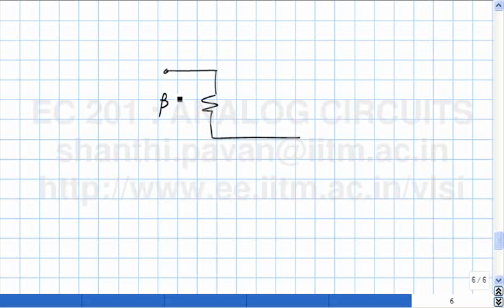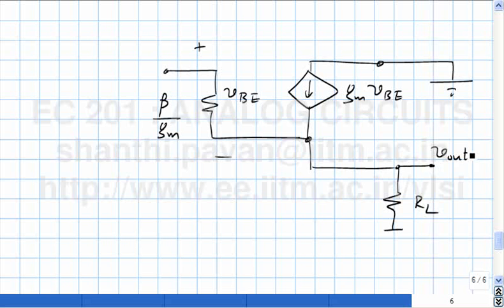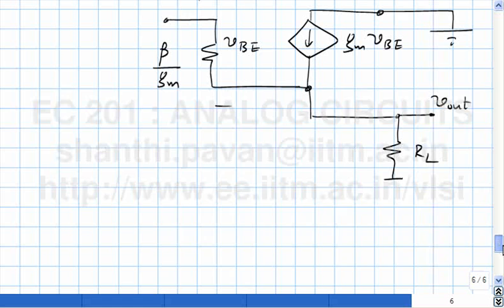This is beta times Vt by Ic, alright, which is beta by Gm. Vt by Ic is nothing but 1 over Gm. This is Gm VBE. The collector is grounded. You have RL and V out. This is Vn.